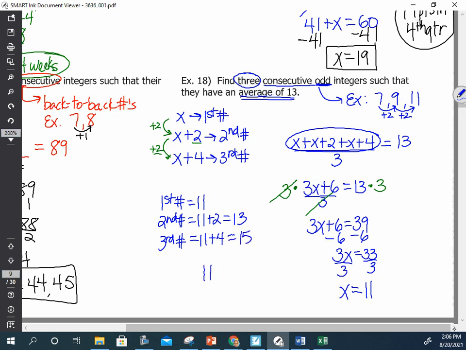So 11, 13, 15 are your numbers. Those are your numbers that you're working with. So is it a ridiculously hard problem? Absolutely not. Not a hard problem. It does require you to put some thinking into it. That it does.